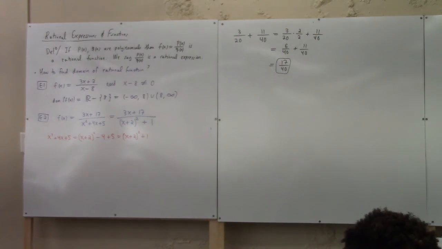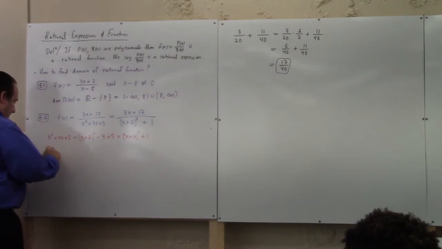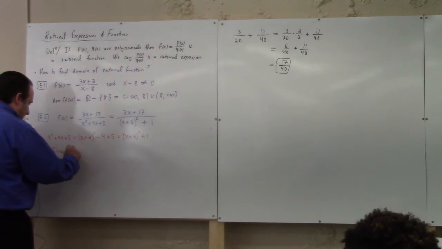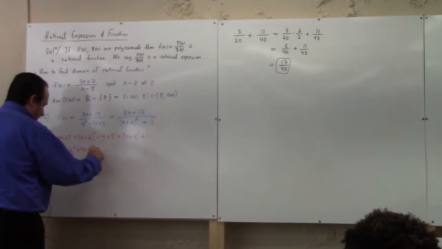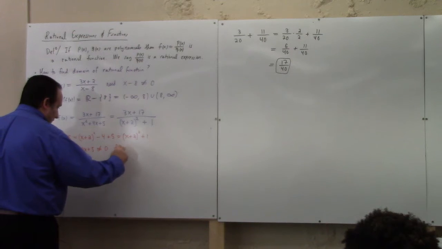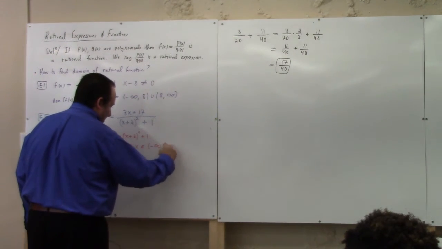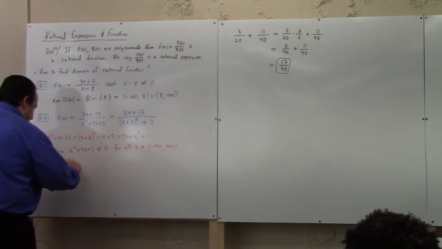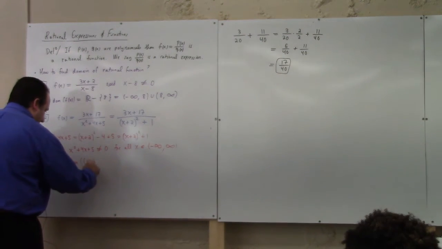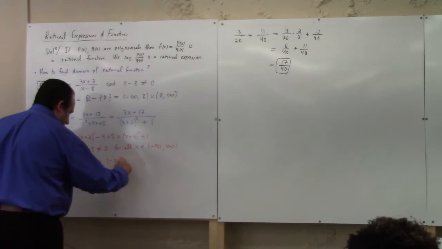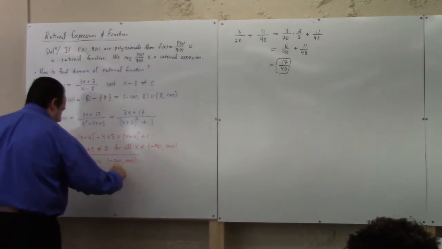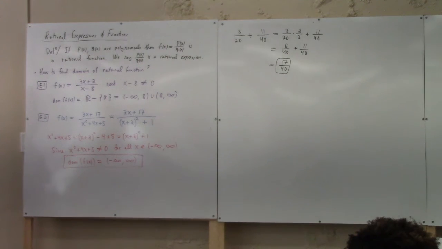So what's the domain of this function? So since x squared plus 4x plus 5 is not equal to 0 for all x in the real numbers, right? The domain of this one is the whole real numbers. Hooray. So unlike the top one, this one doesn't even have a restriction.